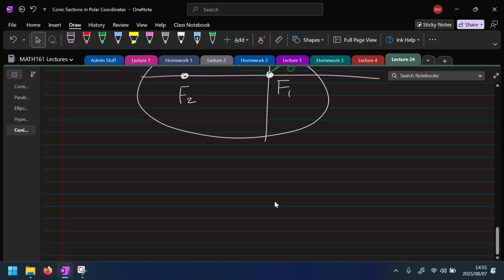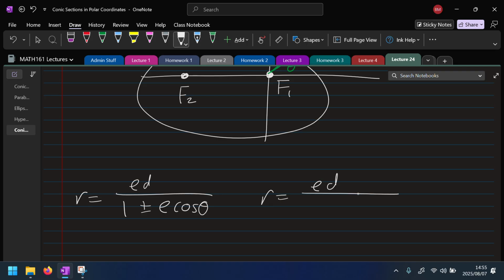So here we could write this as r equals ed over 1 plus or minus e cos theta. If you use cos instead of sine, then the parabola will be facing left or right. And if you use sine, it will be facing up or down. And that's where this plus or minus comes in. So if you have r equals ed over 1 plus or minus e cos theta, it will be left or right, and if you have sine theta, that will be up or down. So it's the two cases.